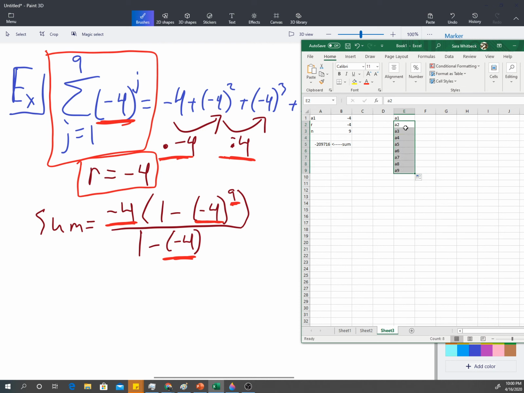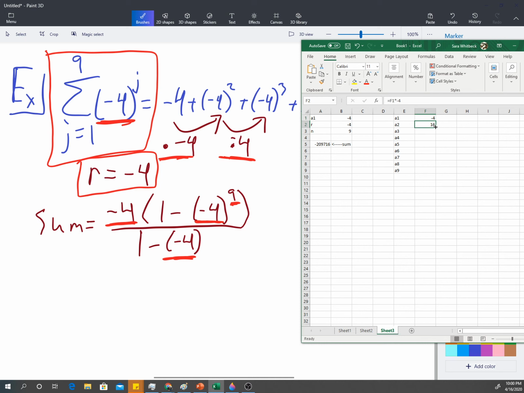So in other words, my first term, second term, third term, fourth term, fifth term, sixth term. My first term was -4, and then my way to move from that first term to the second term was I took the first term and I multiplied it by -4. So -4 squared is 16.